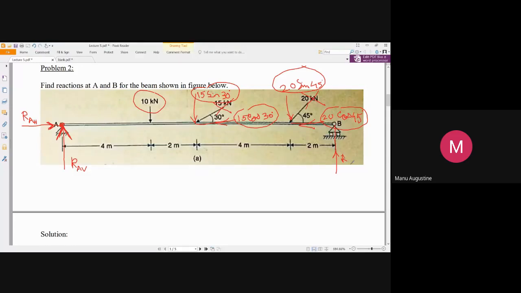So let us call this R suffix B, and there is no need for us to put a V here. V लिखने की जरूरत ही नहीं है. There is no need for us to put a V, because since there is no horizontal reaction, there is only one single vertical reaction. So let us simply call it as RB.